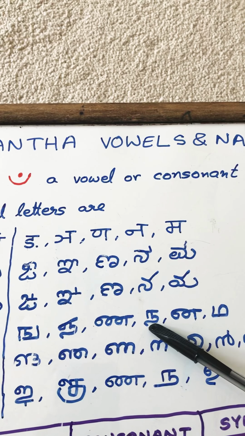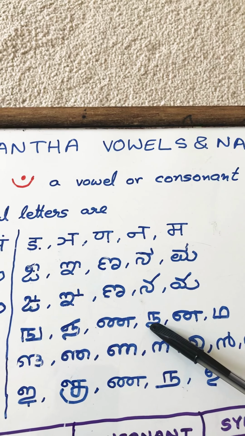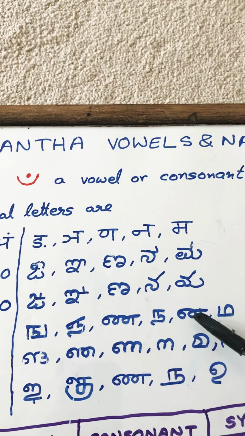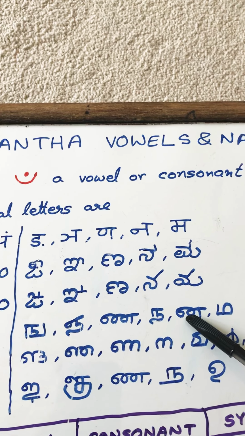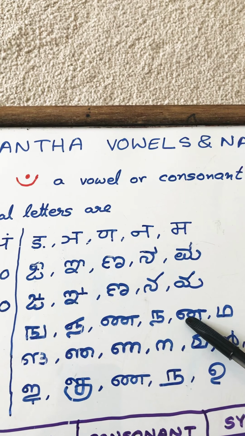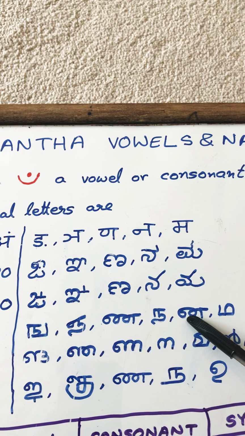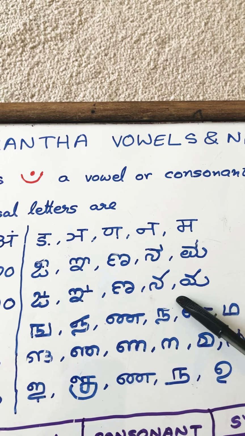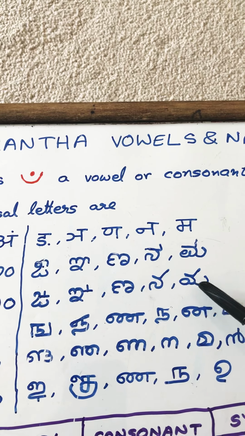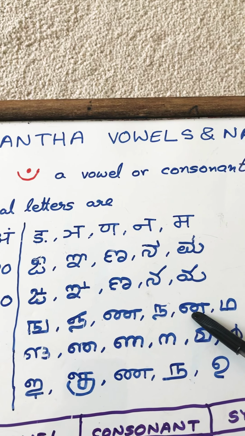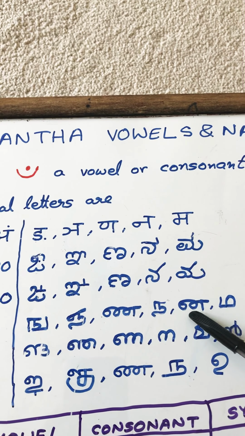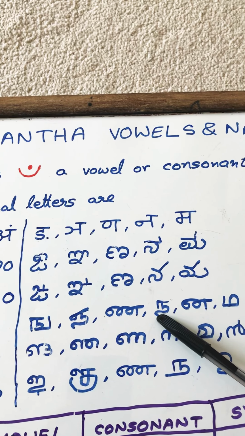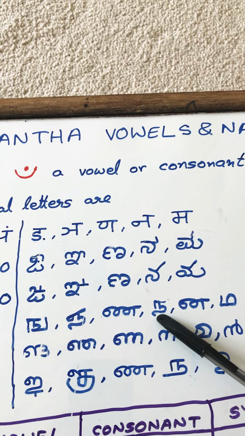This is where you keep the teeth at the same position as you say ta, and this one, if you see just behind your teeth there is a small oval-like shape. It's a small ridge, alveolar ridge they say. So if you keep your tongue on top of that, it is this na, and if you keep your tongue just behind the teeth in the ta position, you will give this na.